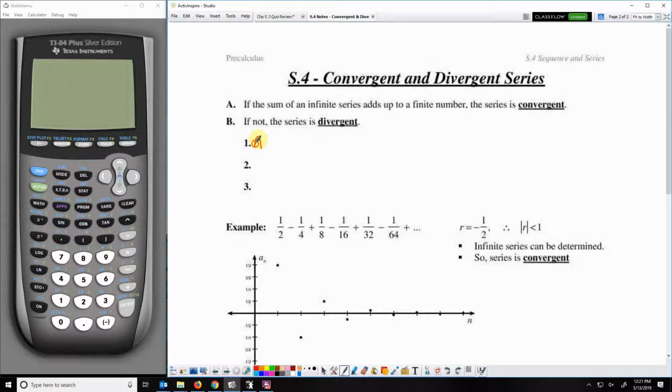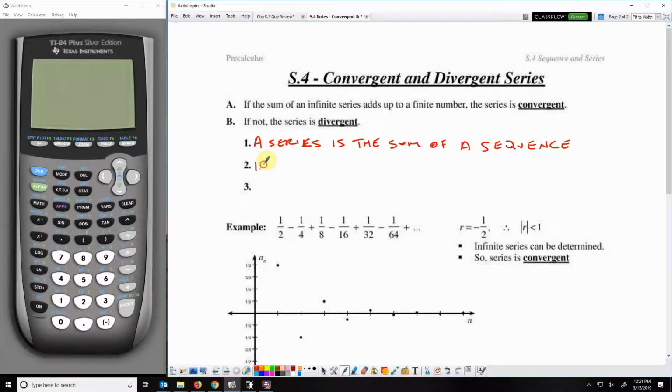So a reminder, a series is the sum of the values of a sequence. So you add up all the numbers in a sequence, that's what a series is.